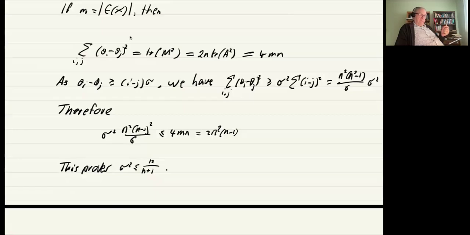We're almost there, except in the statement of the lemma, I had a strict inequality here, not less than or equal. But that's not too hard. If this were tight, then the number of edges in my n vertex graph would be n choose 2, and so my graph would be the complete graph. And for the complete graph with at least 3 vertices, sigma is 0.